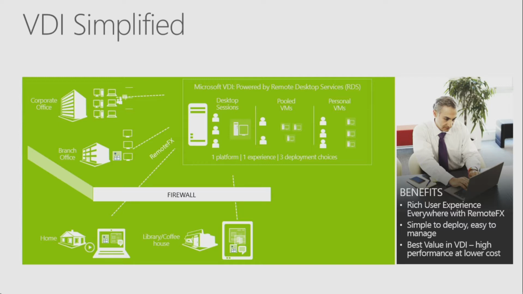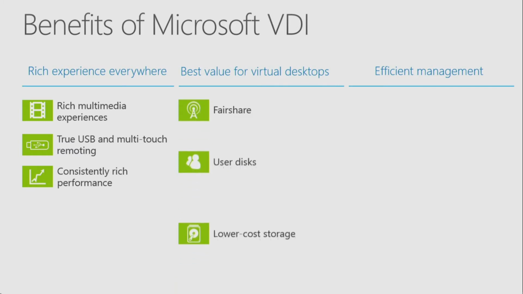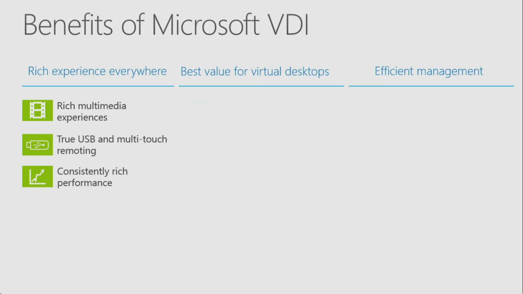VDI is powered by Windows Server 2012 and Remote Desktop Services, RDS, which is providing a single platform to deliver that hosted desktop. It's using RemoteFX, which we've talked about. So we can have session-based desktops, which can provide a user access to applications or data. We can do pooled VMs, which is really great to be able to put that together.